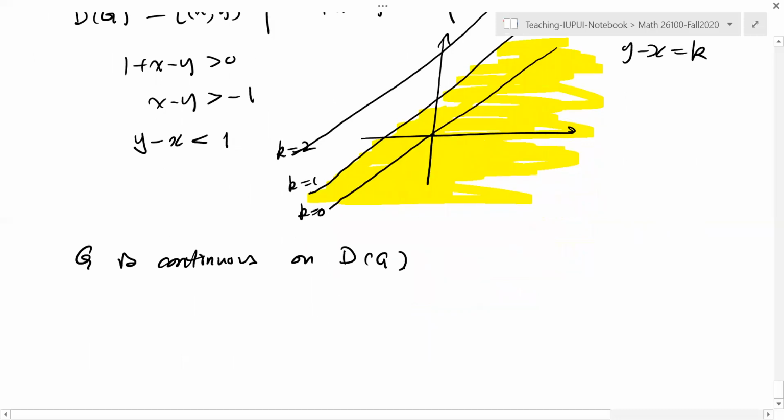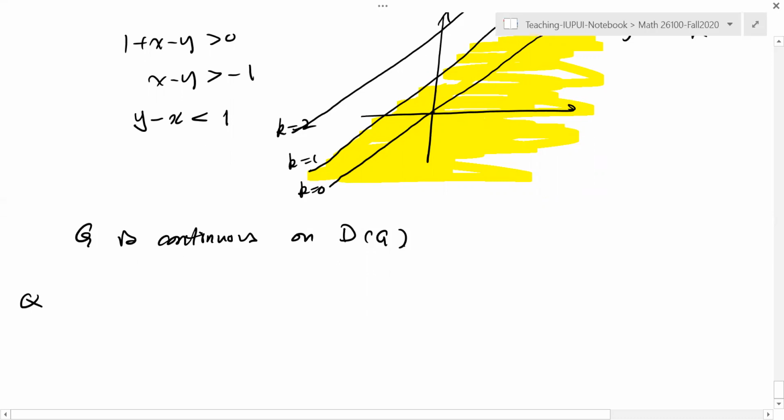Problem number 37. I'm going to modify this problem.